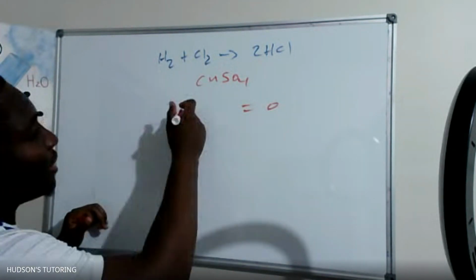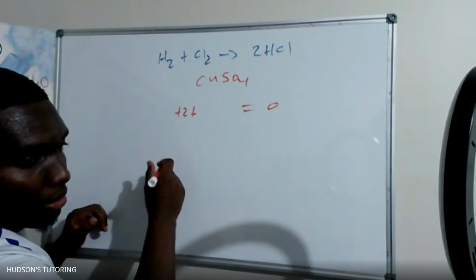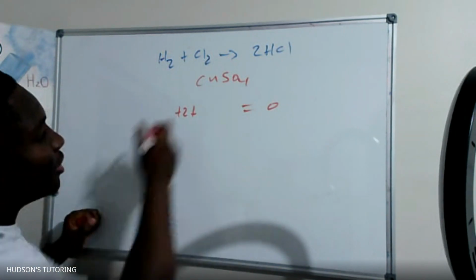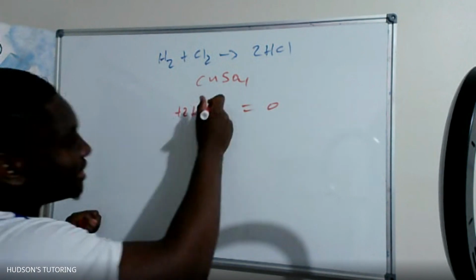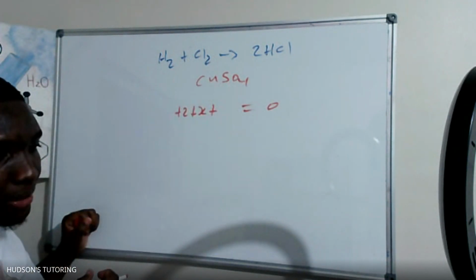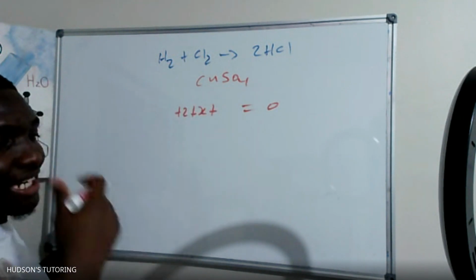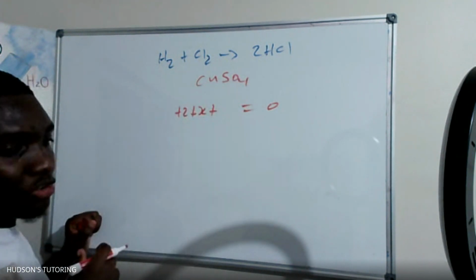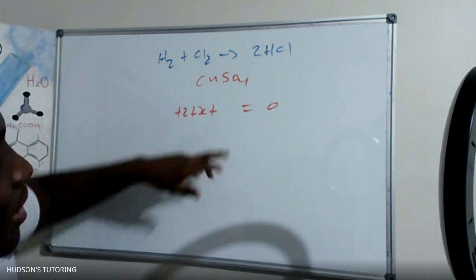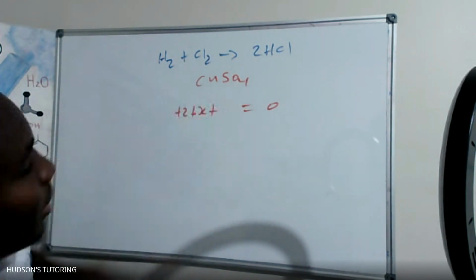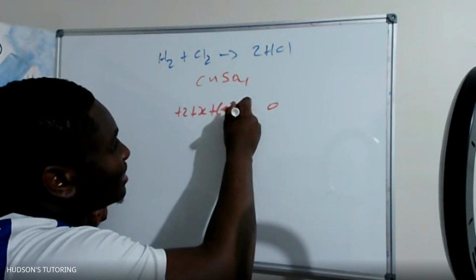So the oxidation state of copper is plus 2, plus the oxidation state of sulfur. We don't know that. That's what they want us to find. So we'll put that as X. Plus the oxidation state of oxygen. What's the oxidation state of oxygen? The charge on oxygen is 2 minus, so the oxidation state is minus 2. But remember that we also need to include the number of atoms in it. This is 4 oxygen, so this would be minus 2 times 4.